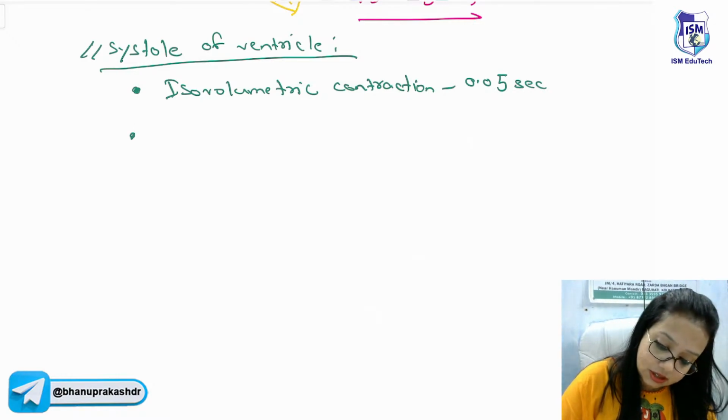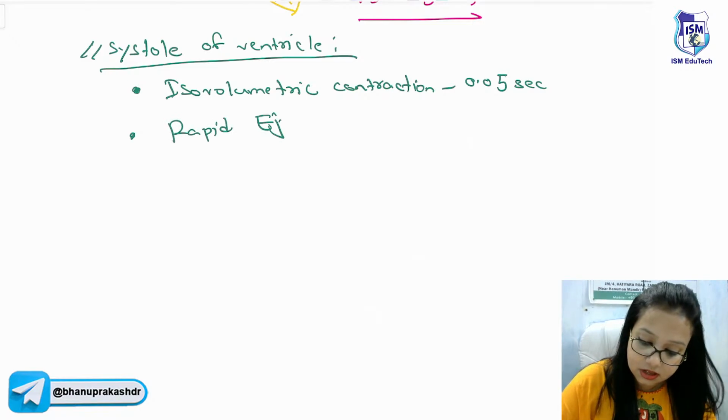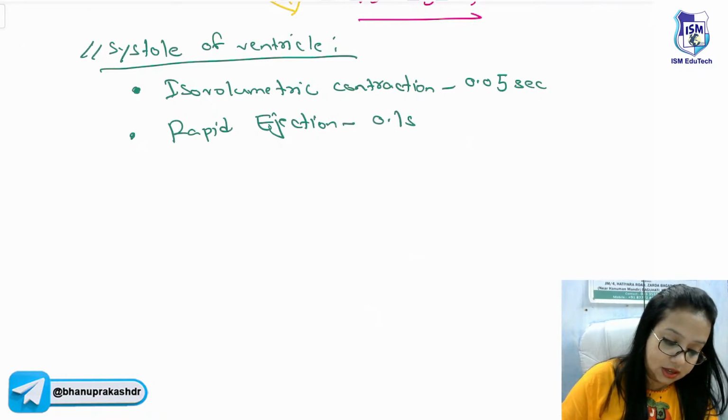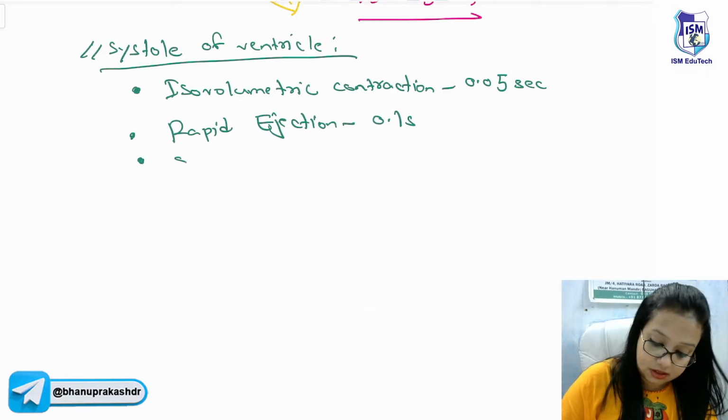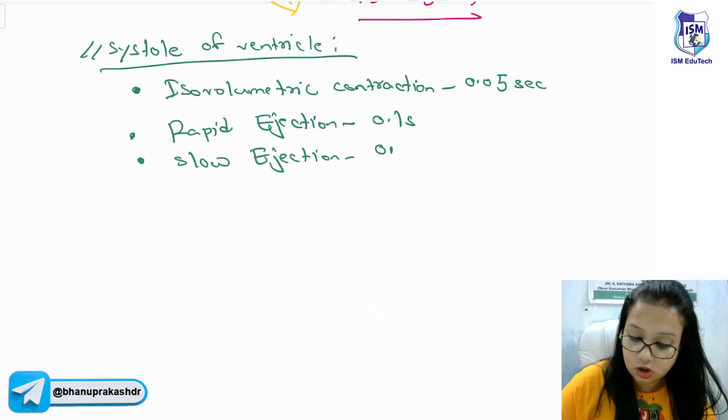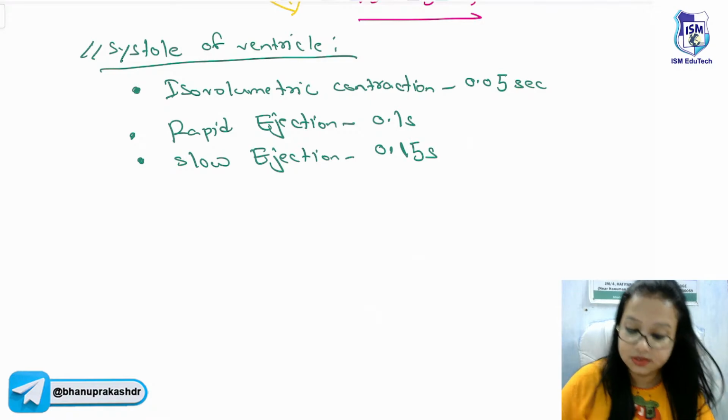Then is the rapid ejection, which is 0.1 second, and then there is slow ejection, which is longer, 0.15 second.